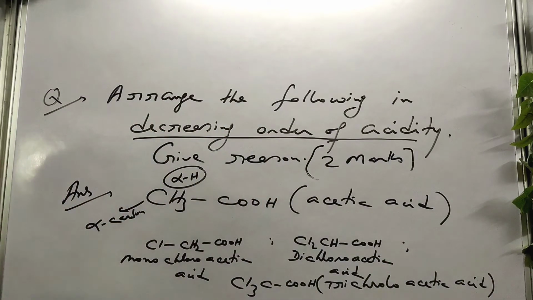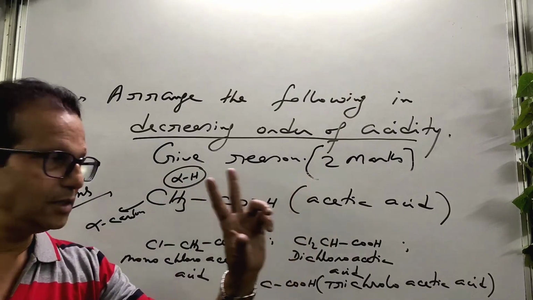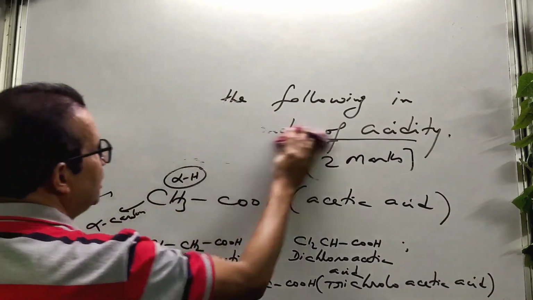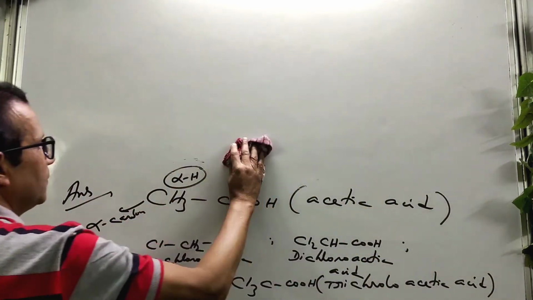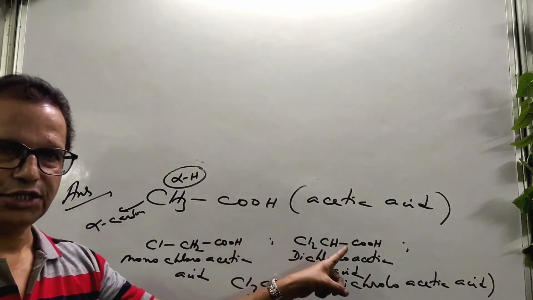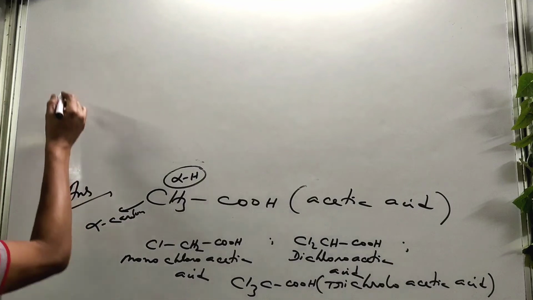So what is the explanation? The answer should be like this. Listen, I will write the answer, okay? Understand it. Now continue. After drawing the structure, continue the answer, okay?